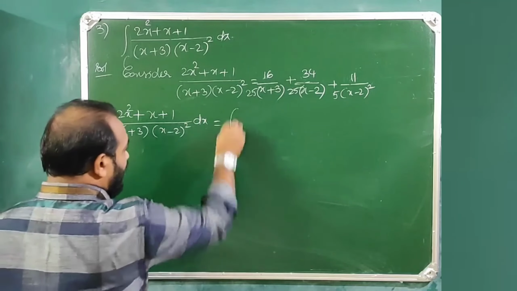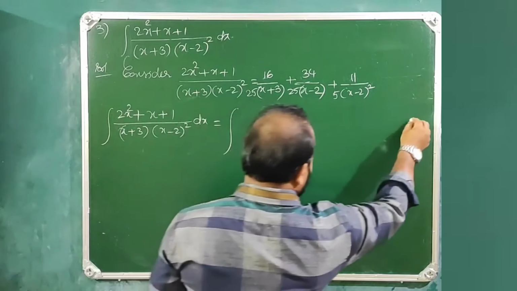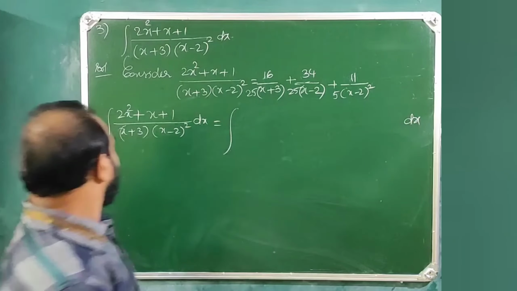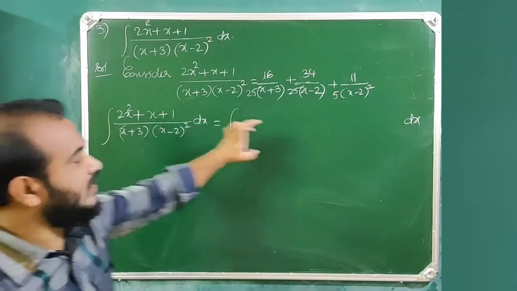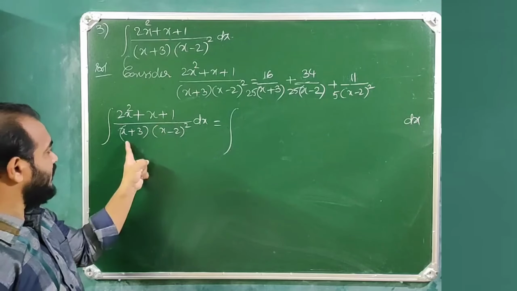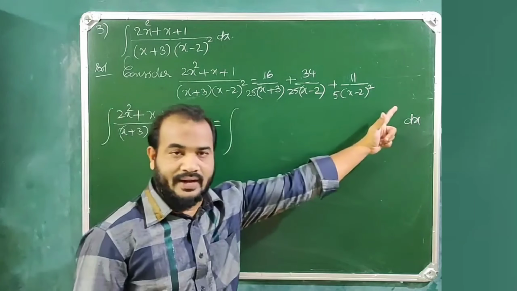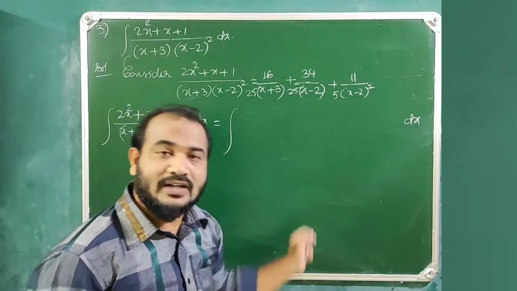So this is the integral of ... dx. So in the place of the integrand I have written (2x² + x + 1) / ((x + 3)(x − 2)²). This value we have already prepared through the process of partial fractions.